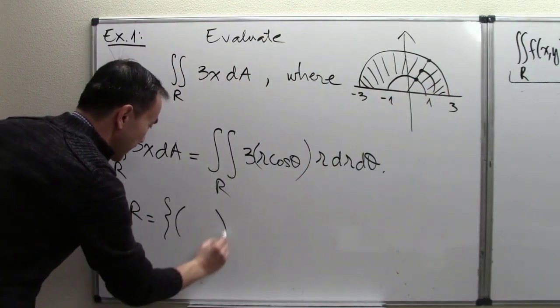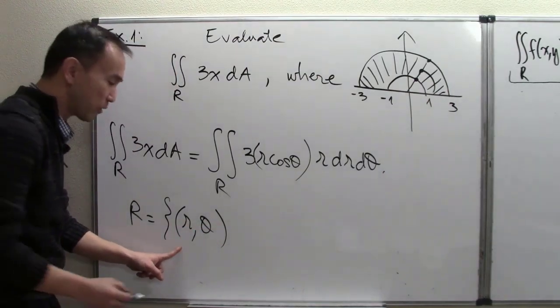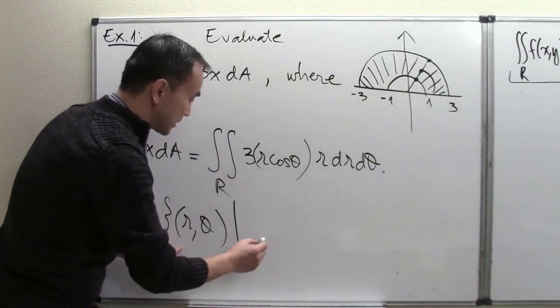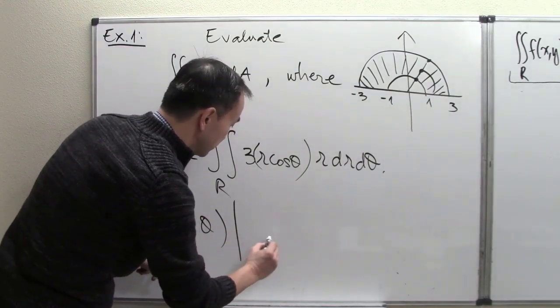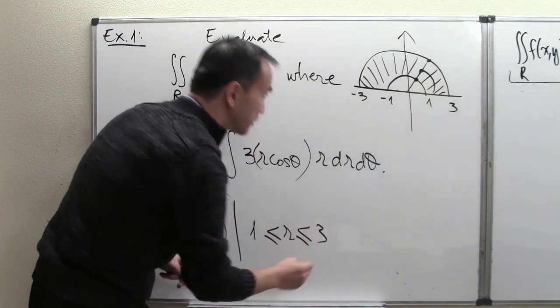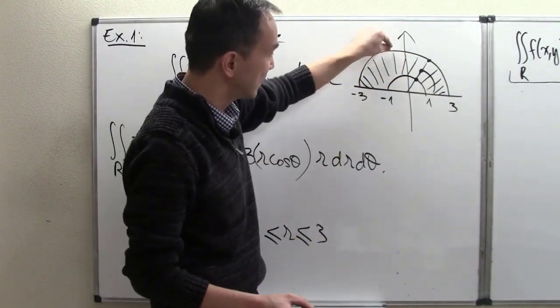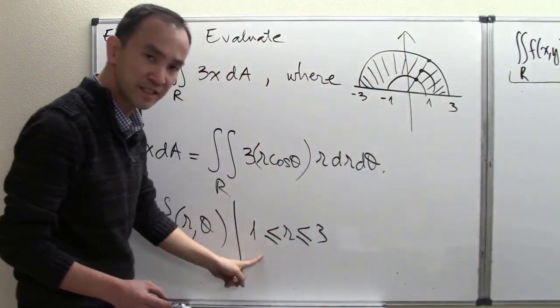At any point that I express as radius and theta, that's how we express any point in polar coordinates. And I notice that r is always in between 1 and 3. See, at any point here, the radius has to be between 1 for the inner circle and 3 for the outer circle. So that's how I notice that.